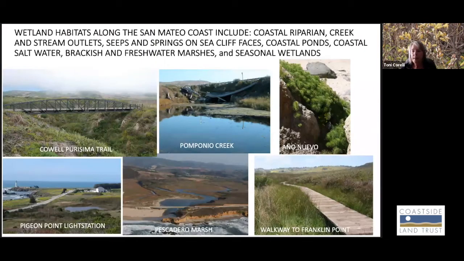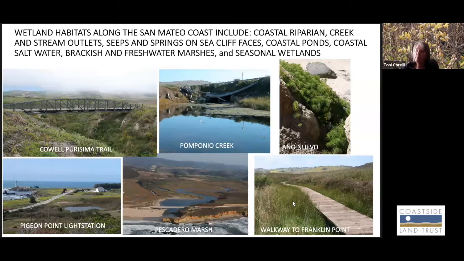Here are some of the wetland habitats along the San Mateo Coast. They include coastal riparian that you can see here on the Cal Purisima Trail, creek and stream outlets seen here at Pomponio Creek, seeps and springs on sea cliff faces seen here at Año Nuevo, coastal ponds shown near Pigeon Point Light Station, coastal saltwater, brackish, and freshwater marshes shown here at Pescadero Marsh, and seasonal wetlands you can see on this walkway to Franklin Beach.